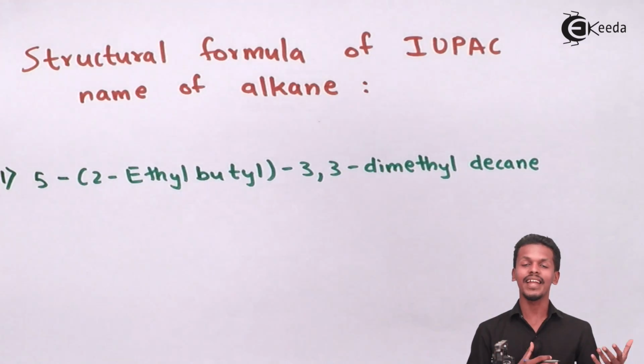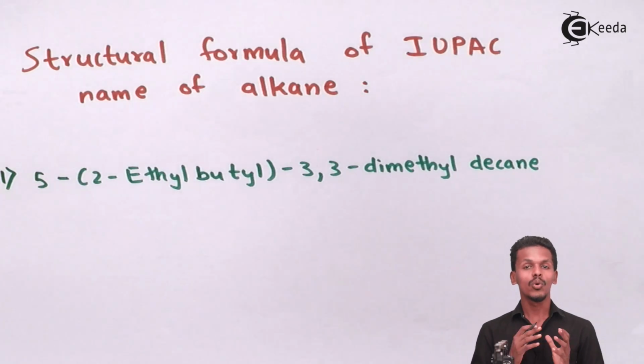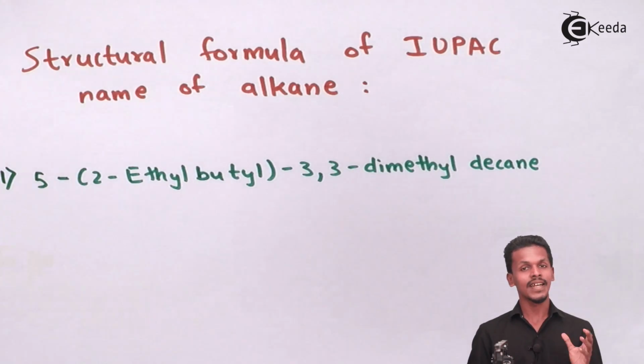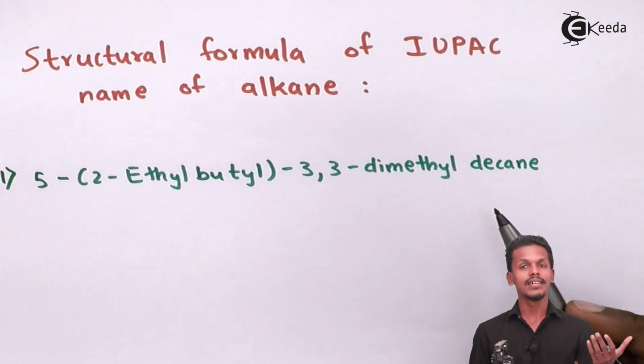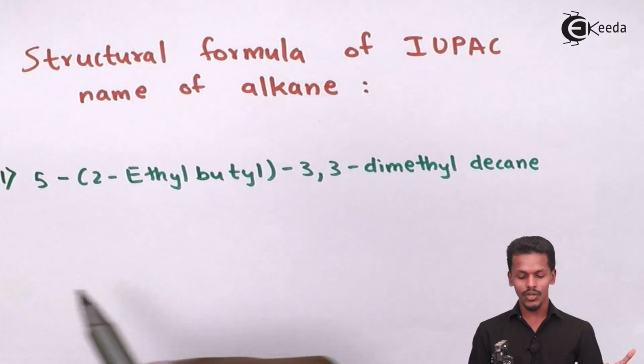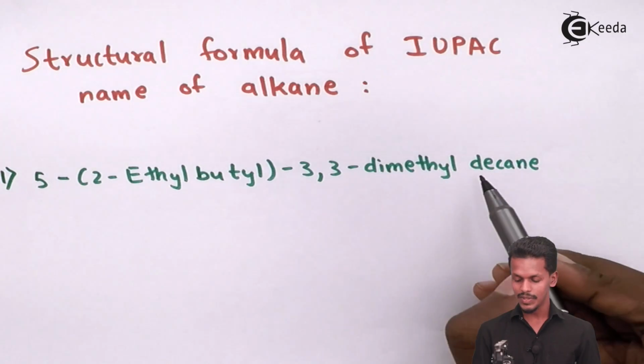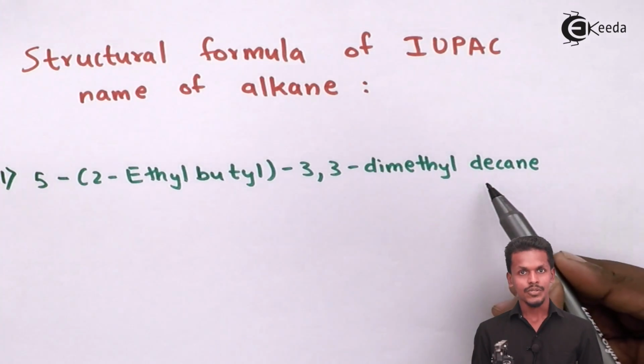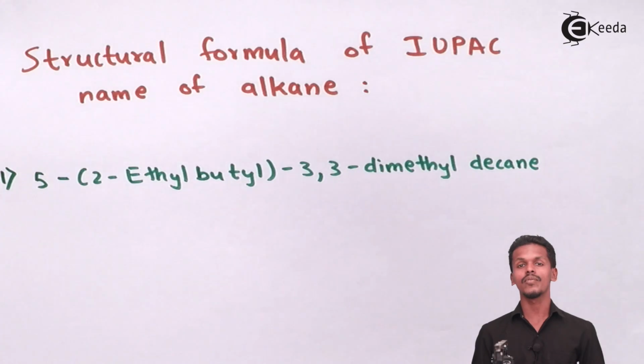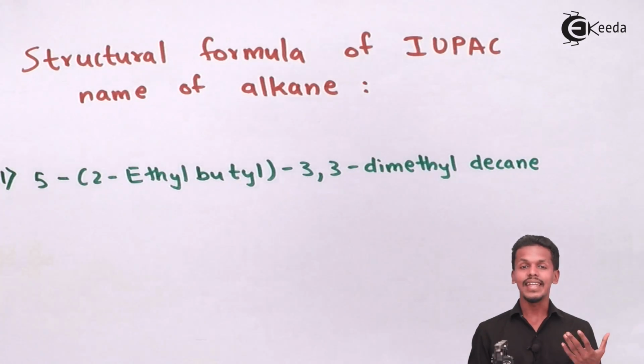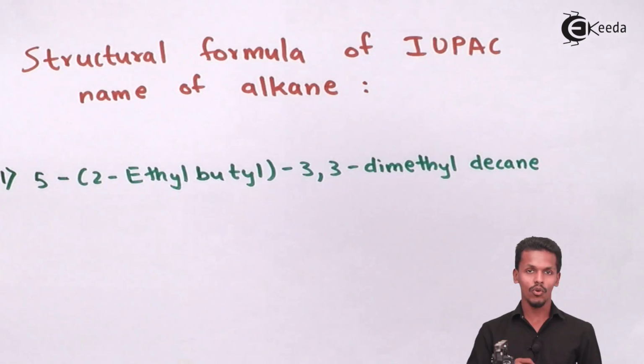Similarly, the parent hydrocarbon represents the total number of carbon atoms present in a continuous chain. The suffix of this whole IUPAC name ends with decane, so it will have 10 carbons in a continuous chain.